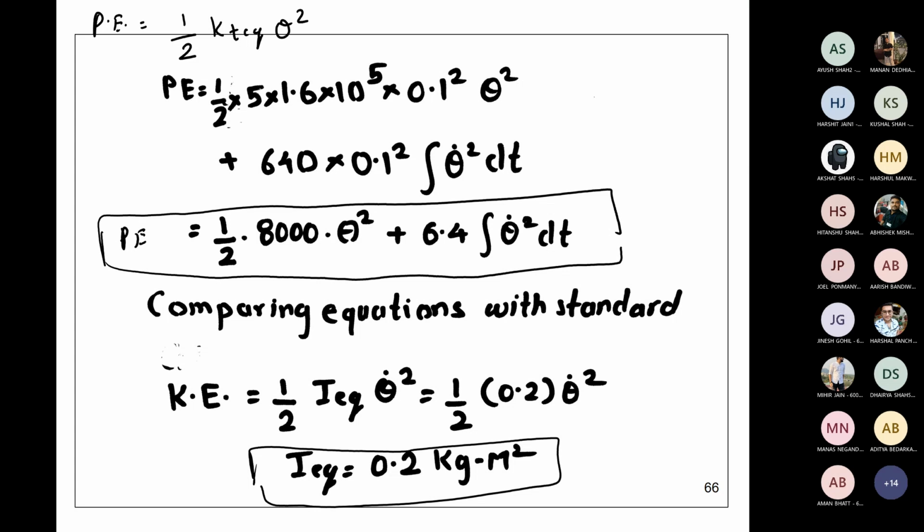That is the potential energy due to the equivalent torsional spring, plus potential energy due to damping, that is C torsional equivalent into theta dot square dt. So again, now compare the coefficients. So can you tell me what is K torsional equivalent?